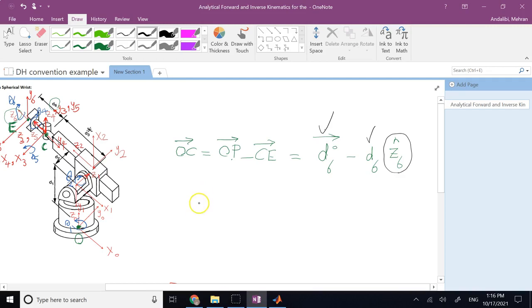The answer is yes. Your rotation matrix R of 6 with respect to 0, if you know it, has 3 columns. Each column of that is one of the unit vectors of frame 6 described along the axes of frame 0. So the first one is like x6 dot what? Dot x0, y0, and z0.